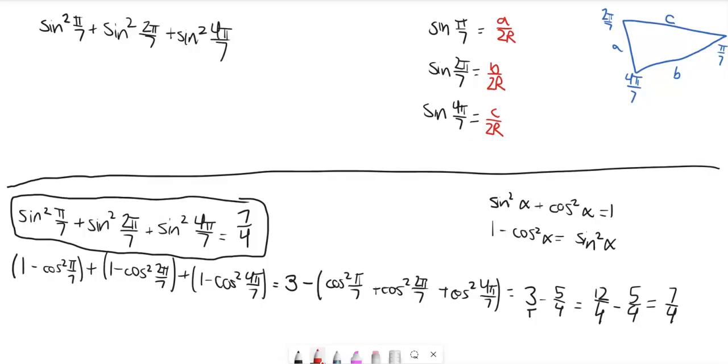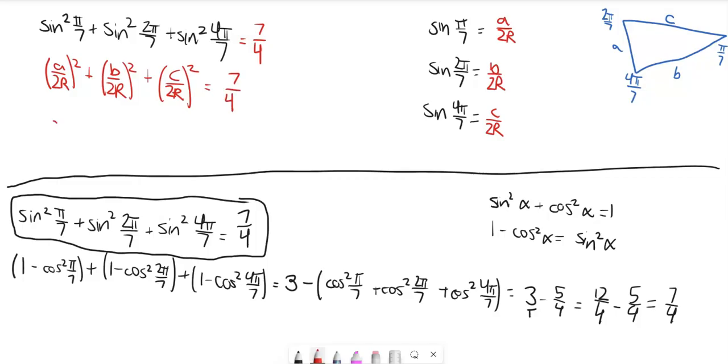Now we're going to take each of these sine squared ratios and replace them with their variable ratios. So a over 2r quantity squared plus b over 2r quantity squared plus c over 2r quantity squared. And what did these equal again? Well, down below you notice that it's 7 over 4. So we're just going to write down 7 over 4 here.